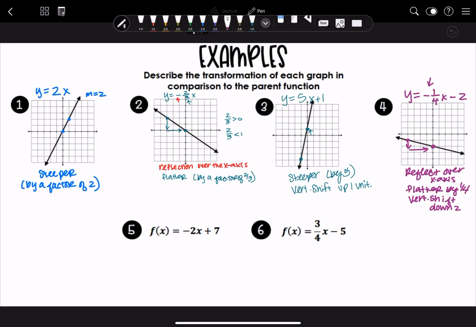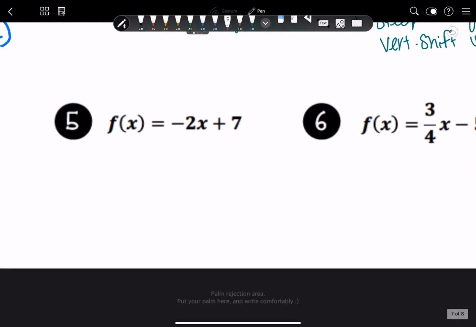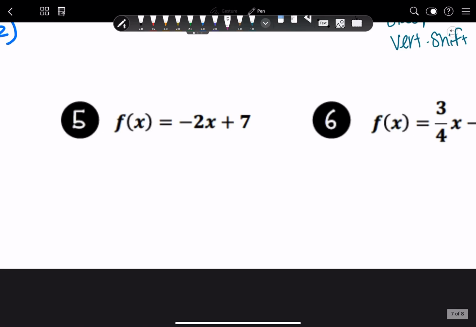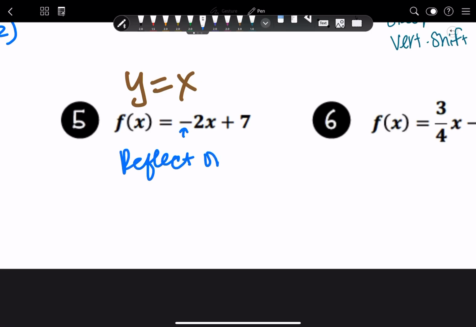All right? So that's what you do when you've got it with all of your graphs. But it's okay. Sometimes you don't have to do all of that. Sometimes they'll just give you the equation and you have to tell me how it got there from your parent function of y equals x. Well, start from left to right. First thing, it's a reflection over the x-axis.